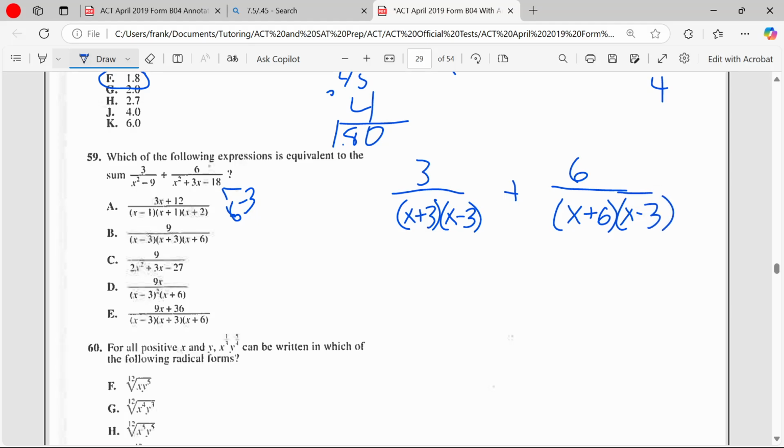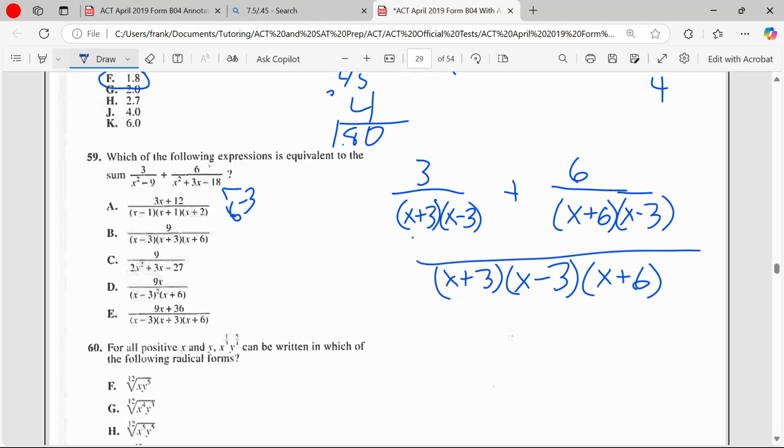Now that means that the common denominator is going to be every factor: x plus 3, x minus 3, and x plus 6. And just to make sure nothing cancels, the one that's missing here is x plus 6. So this is 3 times x plus 6, plus 6 times the only factor missing here, x plus 3.